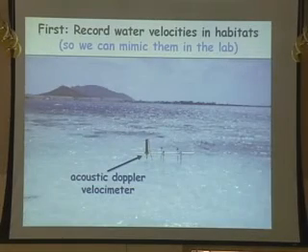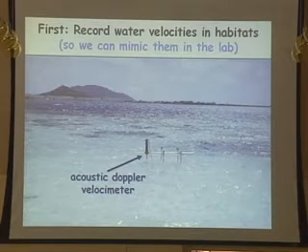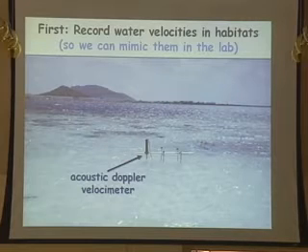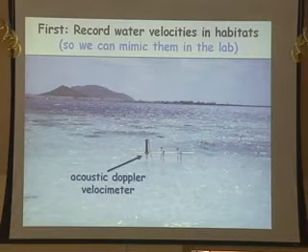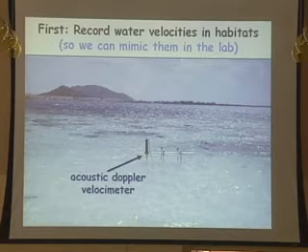Well, the first thing we have to do, we're going to study it in the lab, but we want our lab situation to mimic what water flow is like in the field. So we have to go out into the field with our flow measuring devices and measure water velocities where the lobsters actually live as a function of time.